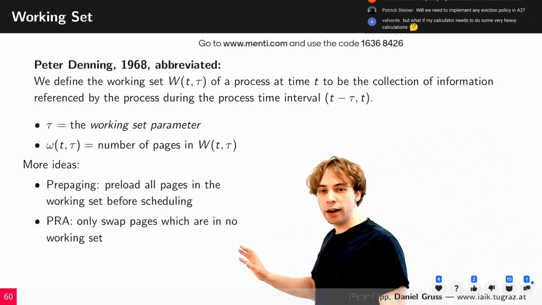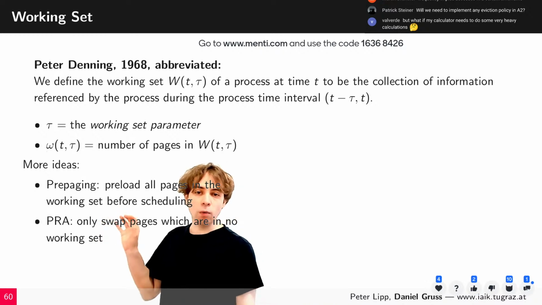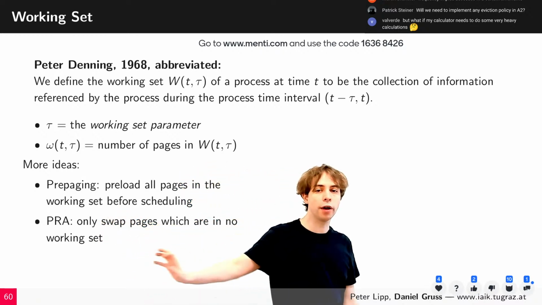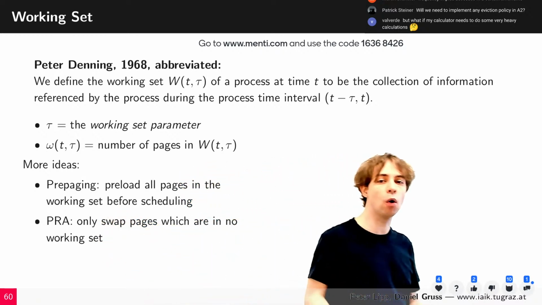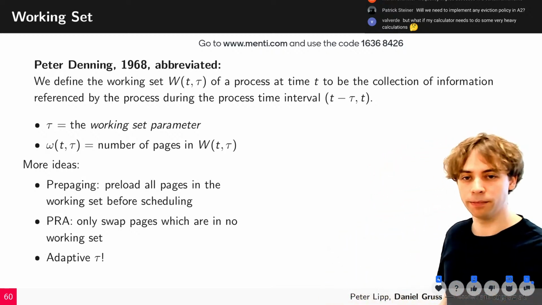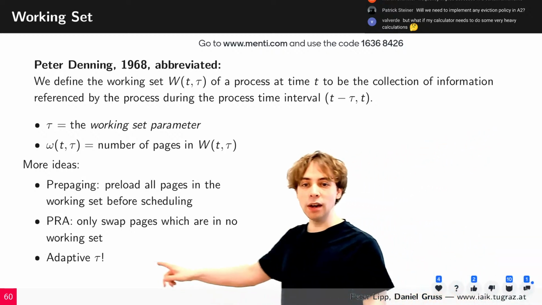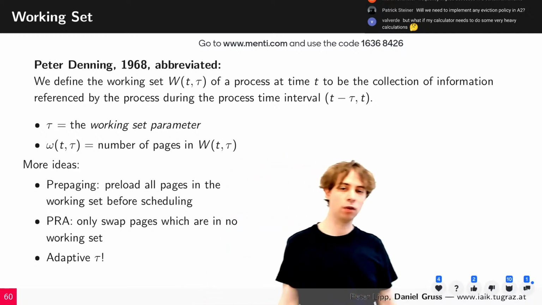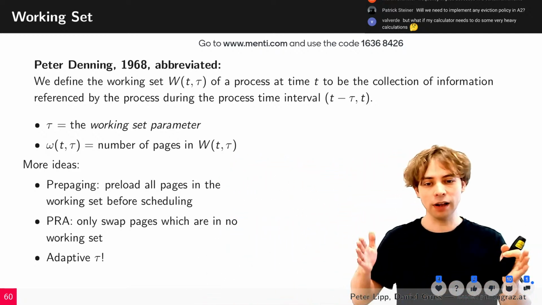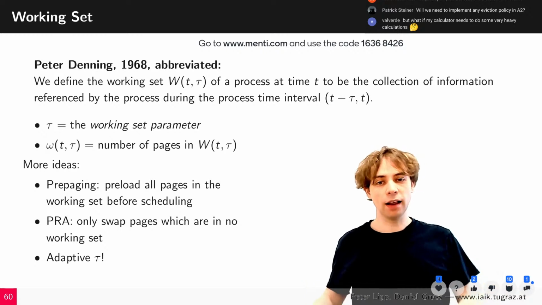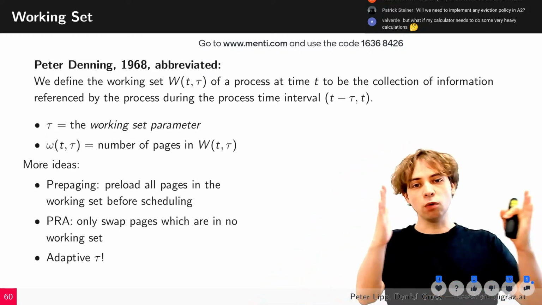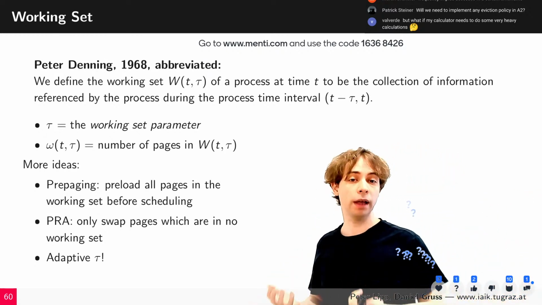In case of a PRA, you would only swap pages that are in no working set. If the page is in no working set, it can be kicked out. And for that, you need an adaptive tau, because you don't want to keep tau at the same level. If you get more and more processes that consume more and more memory, you have to reduce tau to be able to kick out a page.